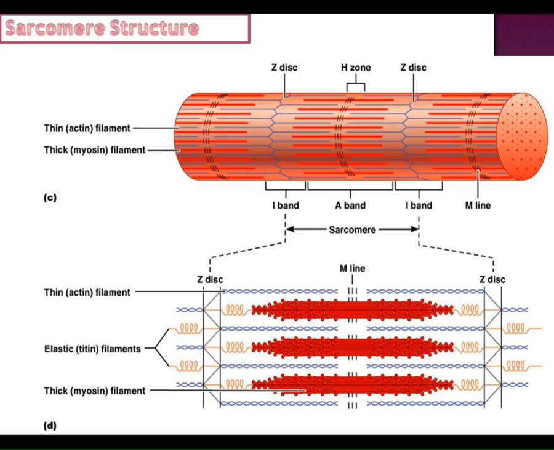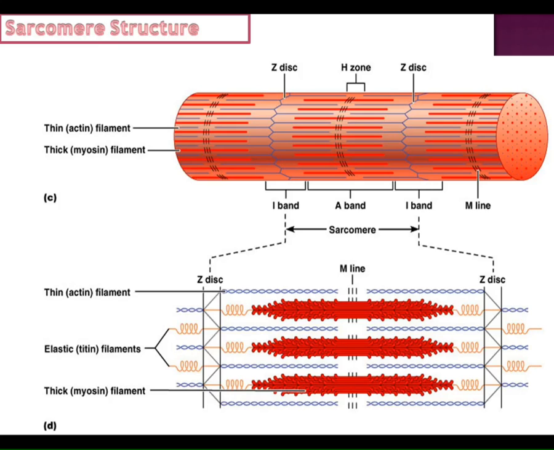It's cylindrical. So how do we get these heads to come up to reach the actin? ATP. ATP helps to energize those heads to come up. Right? So that's what we're about to see. But I just wanted you to get the overall anatomy going. So what these are considered to be is regulatory proteins.